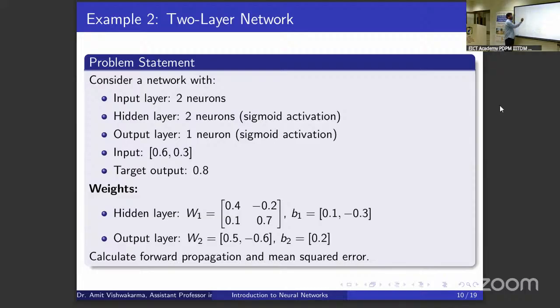X1, X2, this is the input layer. And the question says two hidden units also.